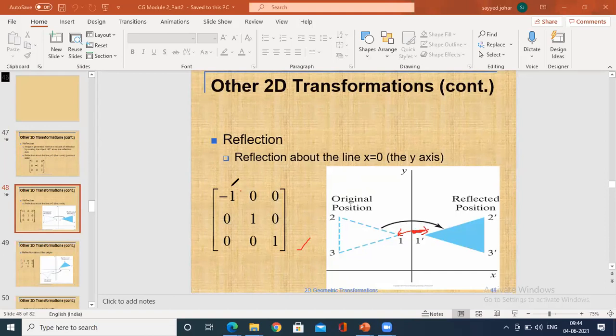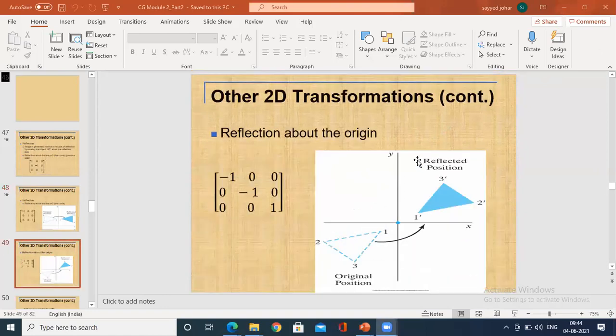So obviously it is -1. When you say along the y-axis, from here to here, the y-axis remains the same. Here the y-axis remains the same. Hence it is +1. So y doesn't change. Try to understand why. So x equal to 0 in this case, the reflection about the line x equal to 0, that is the y-axis reflection. I hope all of you have understood this concept.